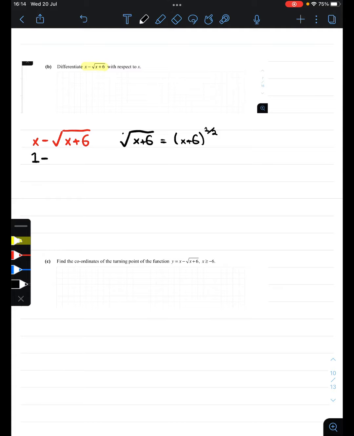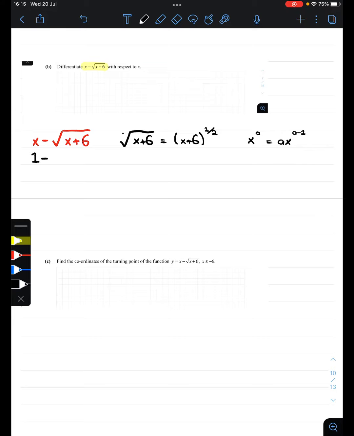This makes it easier because we know how to deal with a function of the form x to the a. If we differentiate this, we would just get a x to the a minus 1.